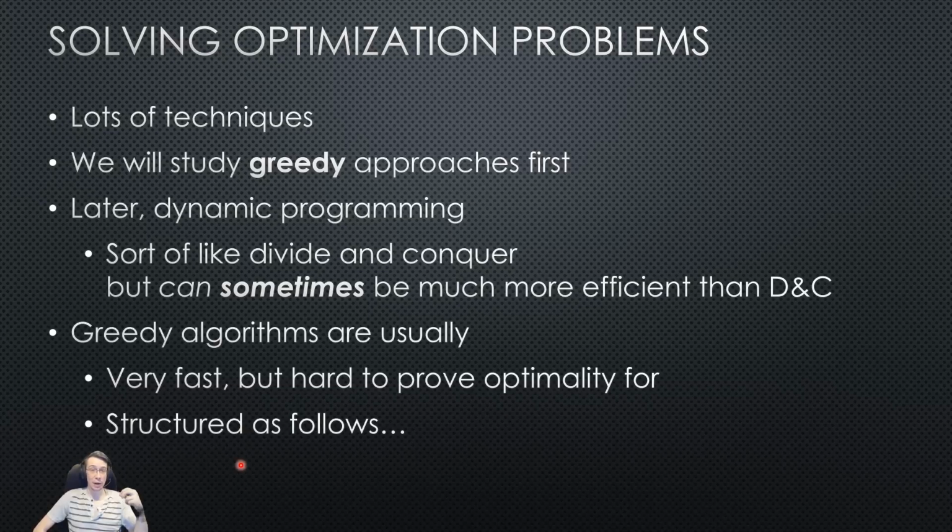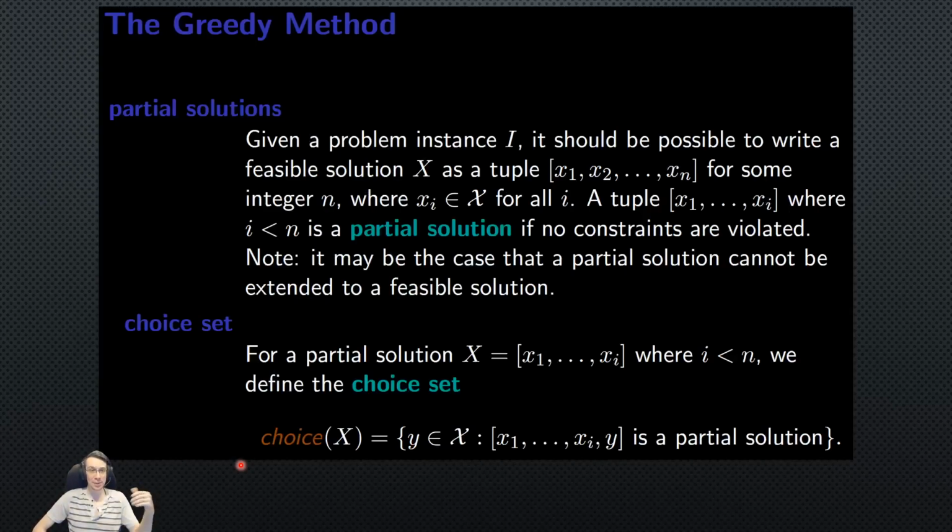Okay, so greedy algorithms follow a particular structure, it can be kind of hard to define. There are very rigorous, precise definitions of what makes an algorithm greedy, but they're not the kind of thing you want to go through in a third-year algorithms course in an undergrad degree. These are things you might want to go through in a 6th or 7th or 8th year grad course. But nevertheless, I'm going to do my best to give you a definition that's not completely formal, but gets at some of the intuition that underlies the real formal definitions of greedy algorithms, that you can find elsewhere in more advanced courses.